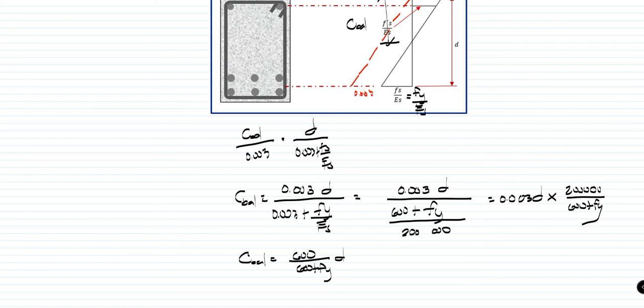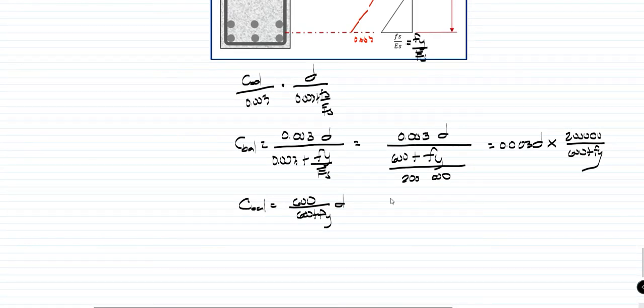After getting that, we can now substitute values to get C balance. That is 600 over 600 plus 414 times the effective depth of our doubly reinforced beam, which is 390. So, the value of C balance will be 3,000 over 13 mm.